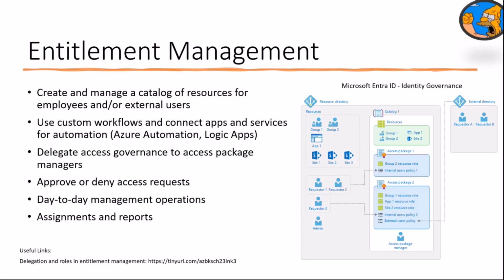When a user who isn't yet in your specific directory requests specific access, and once it's approved, they will be automatically invited into your directory and then assigned that specific access. Once that access expires, if they do not have any access package assigned, their business-to-business account in your directory will be automatically removed.